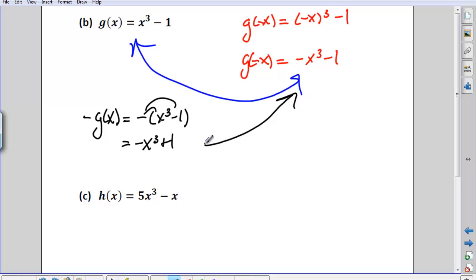So are these the same? Well, no, because that's a minus 1, that's a plus 1. So these two didn't match, so it's not even. These two didn't match, so it's not odd, so this one must be neither. It's not even, it's not odd.